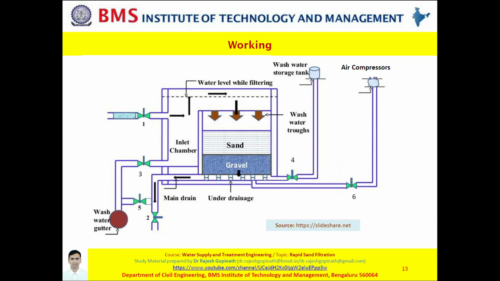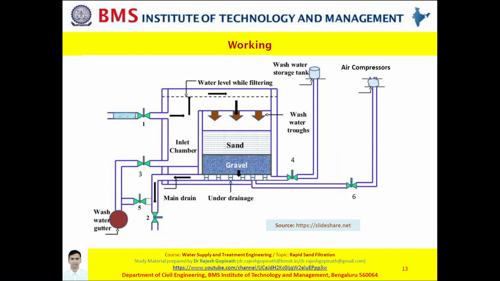Let's understand. When the water from the coagulation unit enters through the pipeline network from 1, it falls into the inlet chamber. Kindly follow and observe the slide very carefully.